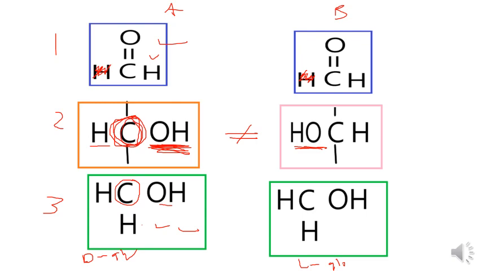The key thing is you look at the carbon and see if it has 4 different things attached to it. If it doesn't, it's achiral. If it has 4 different things, it's a chiral carbon, and it does make a difference how you attach the parts to it.